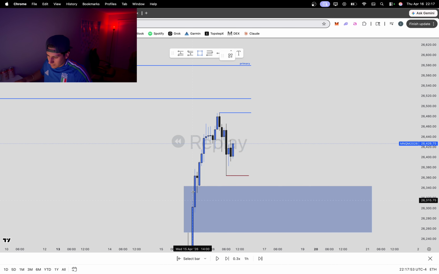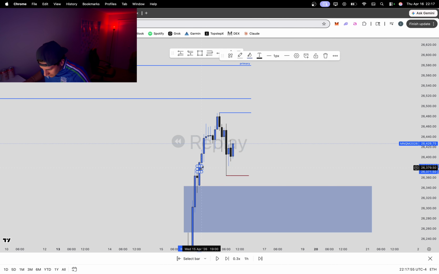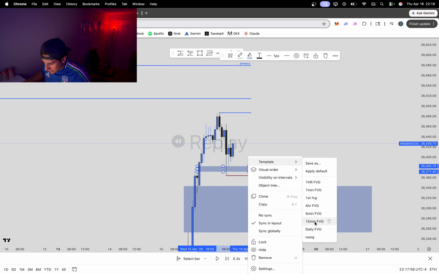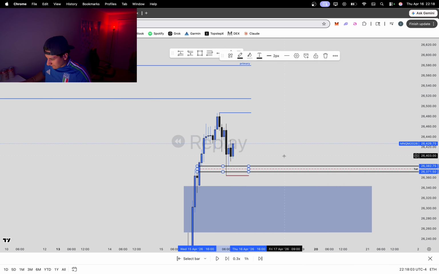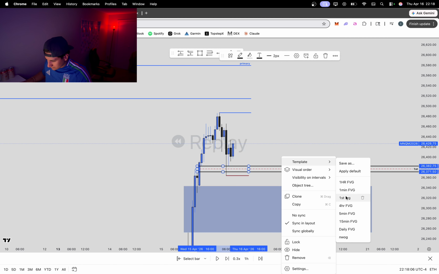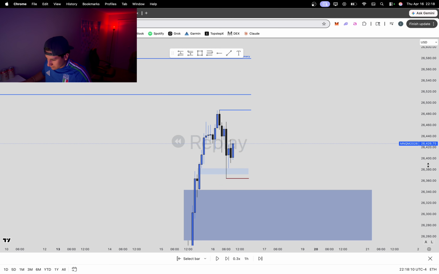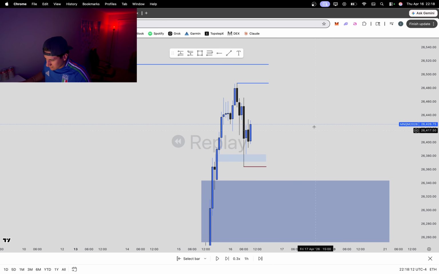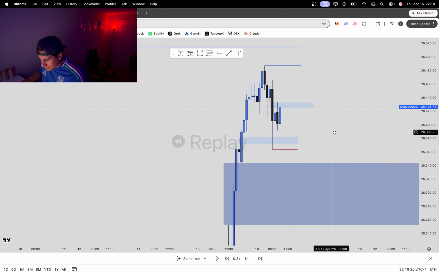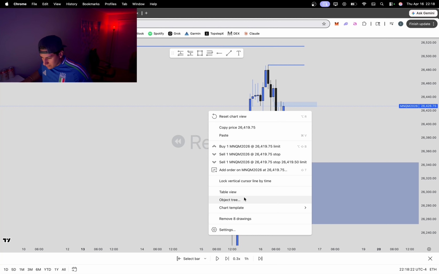We also have this tiny 1 hour fair value gap. Might as well mark it out just in case we do not take out the sell side. Cool. And right here we have another 1 hour fair value gap. Mark that out.